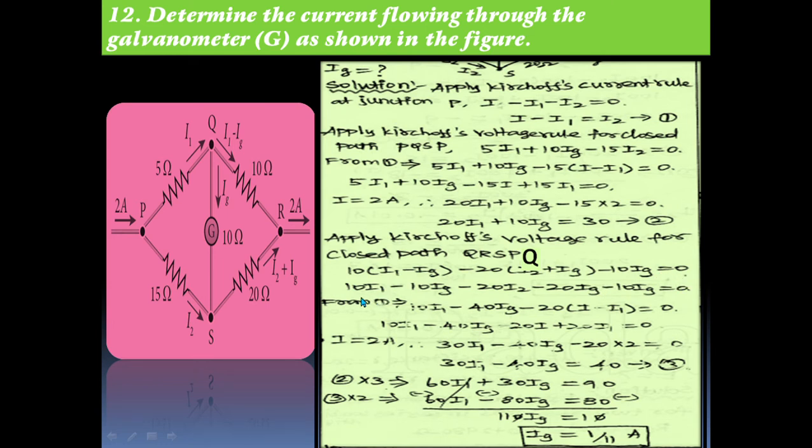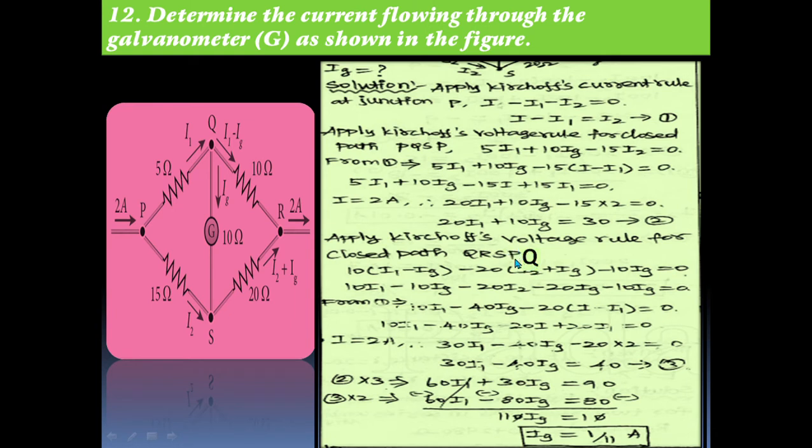Now, 10 I1 minus 10 Ig plus 20 I2 plus 20 Ig minus 10 Ig. Combining the Ig terms gives 10 I1 plus 20 I2 plus 0 Ig, and writing I2 from equation 1 as I minus I1, we get 20 into (I minus I1) is equal to 0.